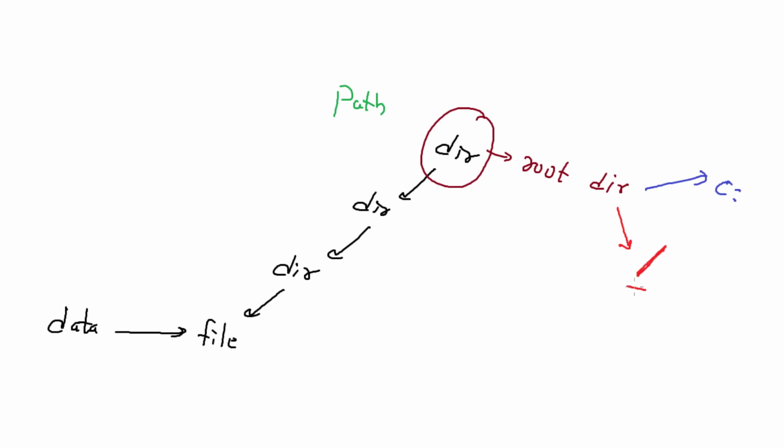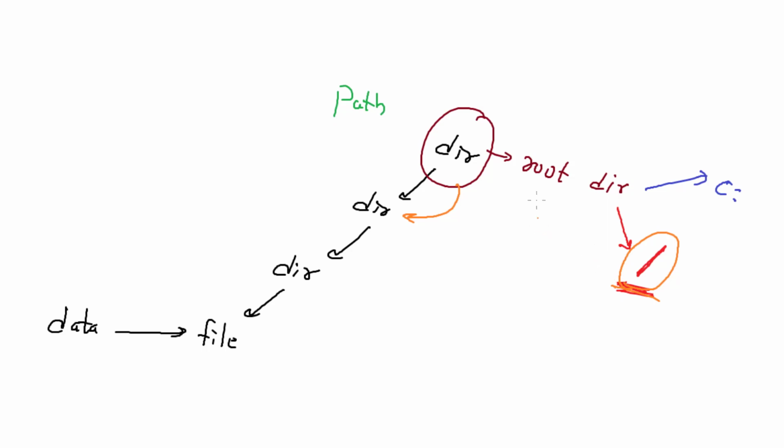The slash is also known as the root directory of the system. Any folder or directory in your system would be underneath this slash directory. All the files and all the directories would be under this tree of the slash.